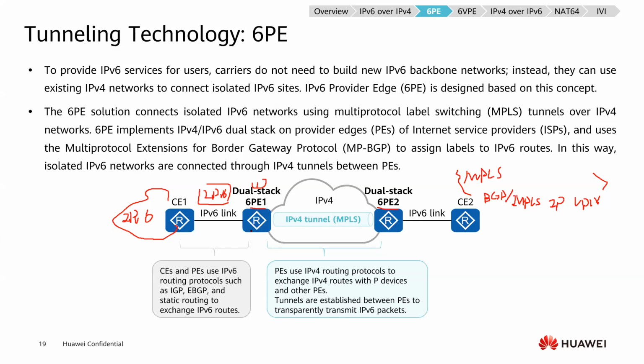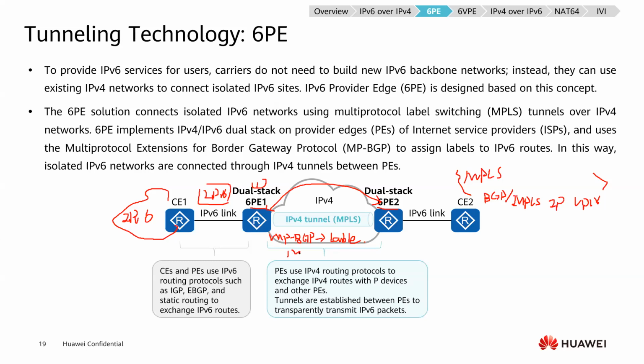And when 6PE1 receives this packet, it will use MP-BGP to establish the neighbor relationship with another PE and add a label to indicate that the packet is an IPv6 packet, and then it will add an outer label.